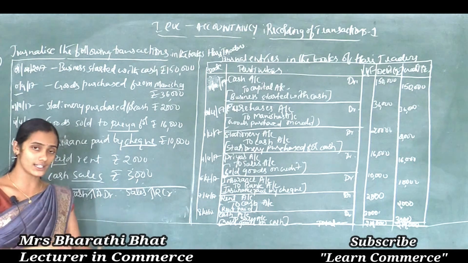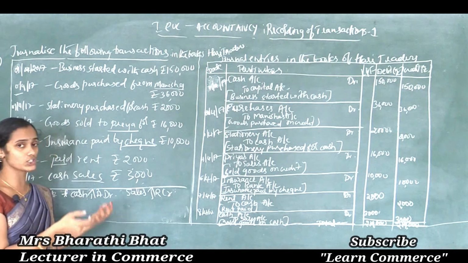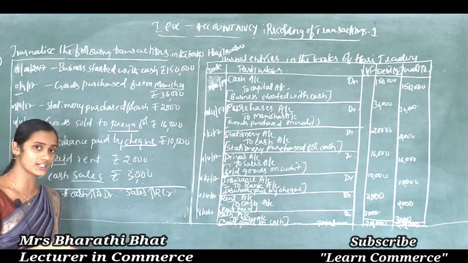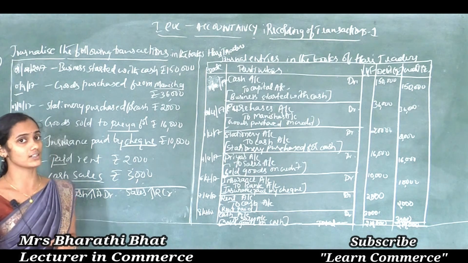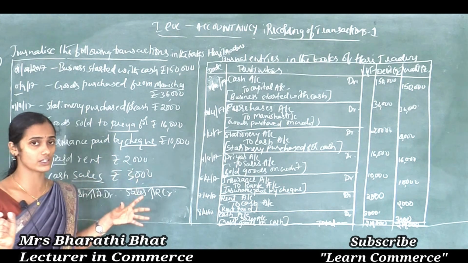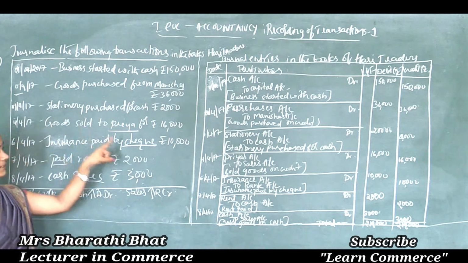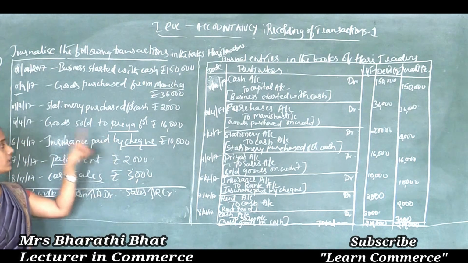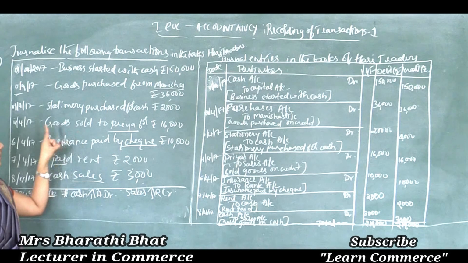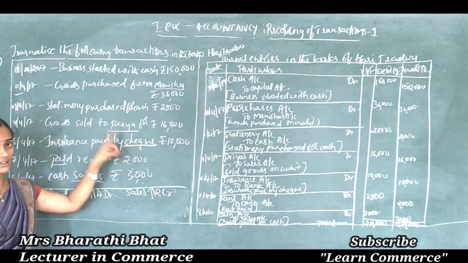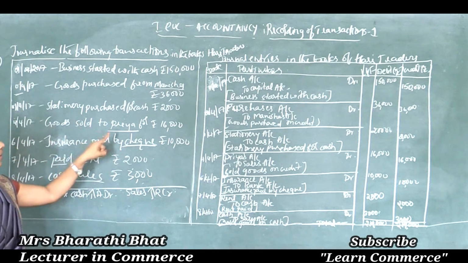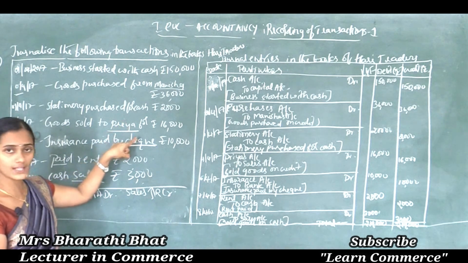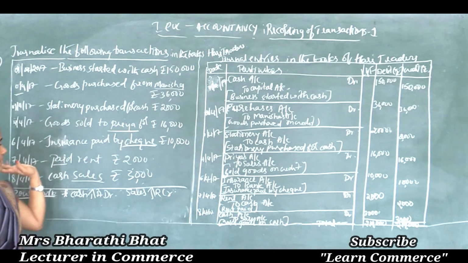In the same way, when the organization purchased any goods on a credit basis, then that transaction is considered a liability for the organization. So here Priya is an asset and goods sold. Here sales and Priya are the two accounts. So an increase in asset and an increase in revenue.